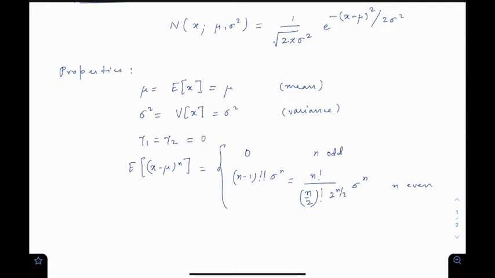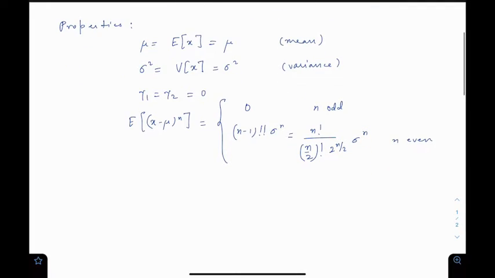And lastly, the characteristic function phi of t is given as the exponential of i t mu minus half t square sigma square.